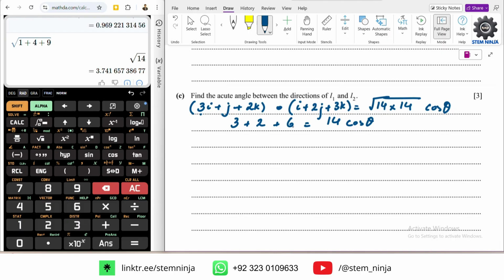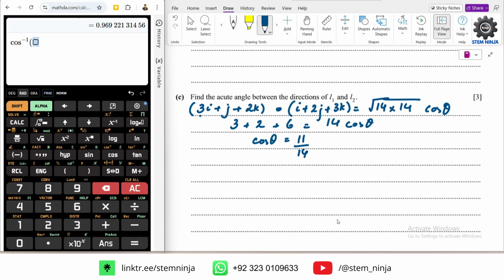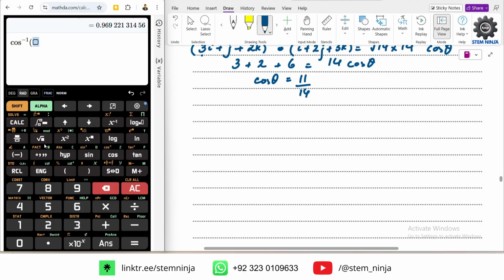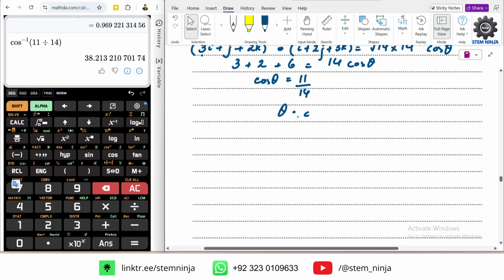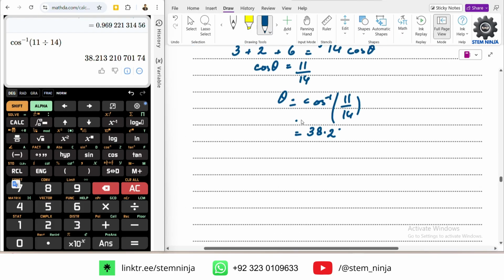So 3 plus 2 plus 6 is 11. So 11 over 14. So therefore cos inverse. And do we need this in, yeah, so we can give this in degrees. 11 divided by 14 is 38.2 degrees. Okay. Right, so that's it. Let's move on to the next question.